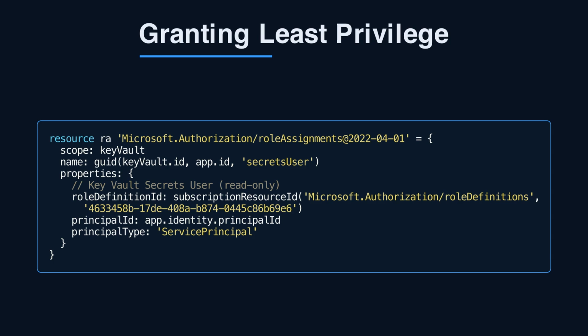Scope it to the vault, or even a single secret, not the whole subscription. Here's the Bicep: a role assignment binding the app's principal to that built-in role at the vault scope. Check current docs for the exact role definition IDs, since these are stable but worth confirming.